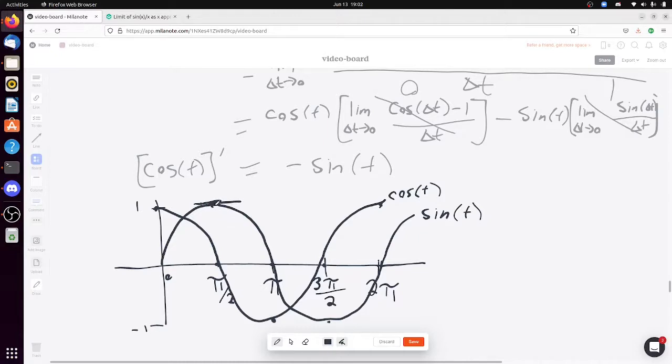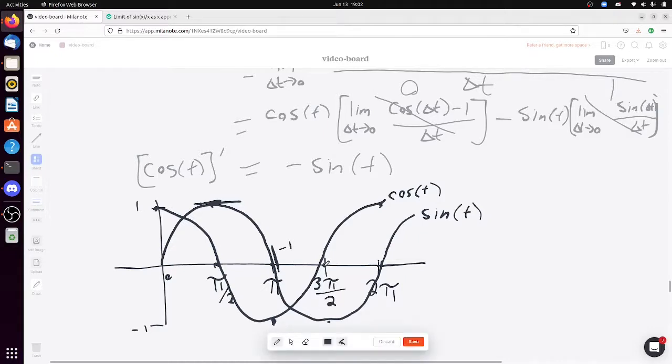At pi over 2, the slope of this tangent line is 0, which corresponds exactly to the cosine being 0. Here, I don't know what the exact slope is, but actually, I'm sorry, I do. If you look at this slope here, it looks like -1. I didn't draw it perfectly, but it looks like -1, and that's the actual value of cosine here, -1.